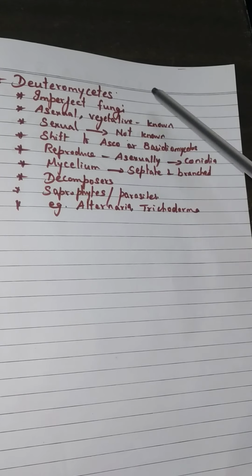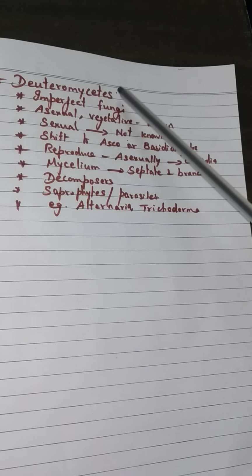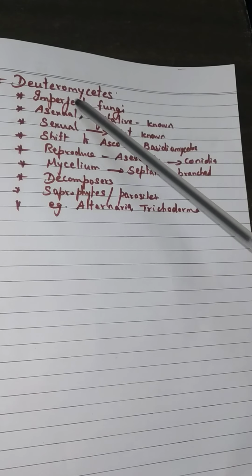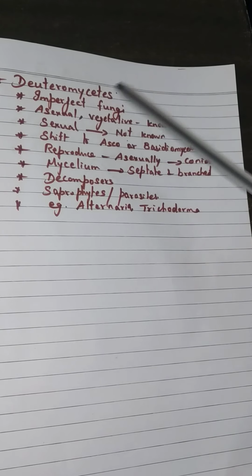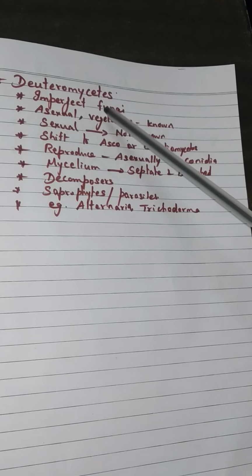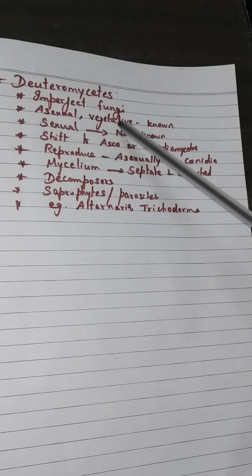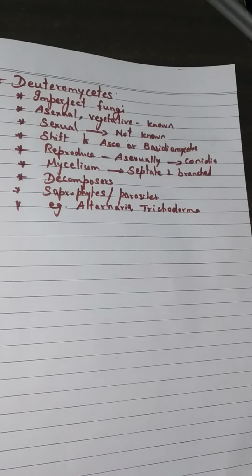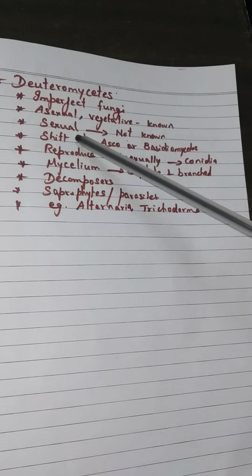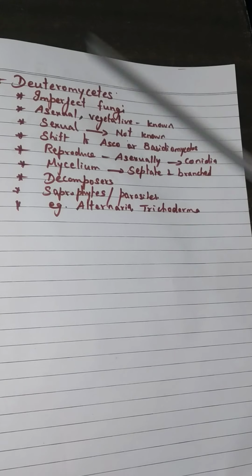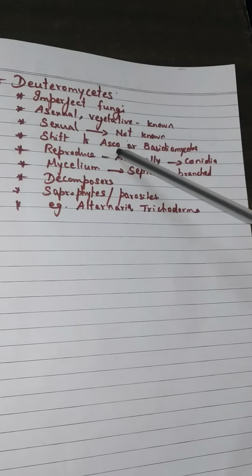So, Deuteromycetes are commonly known as imperfect fungi. Very important, they often ask this. Only asexual and vegetative reproduction is known. When the sexual phase of the members is known, they are shifted to Ascomycetes or Basidiomycetes.